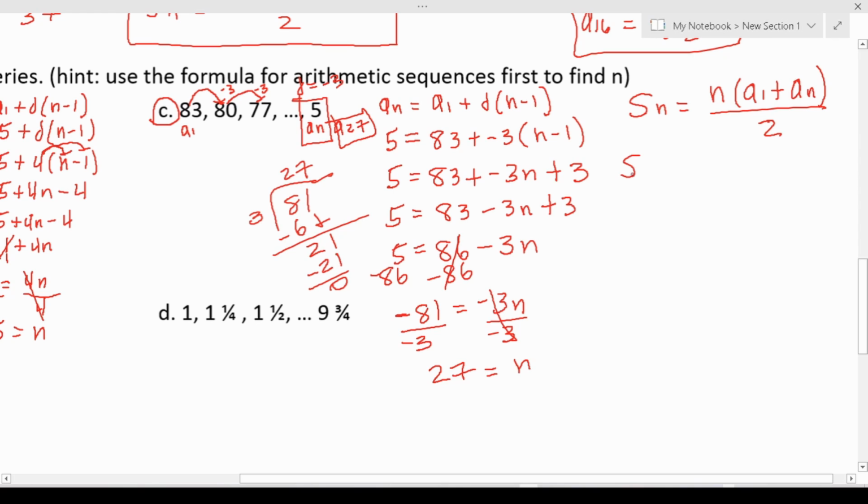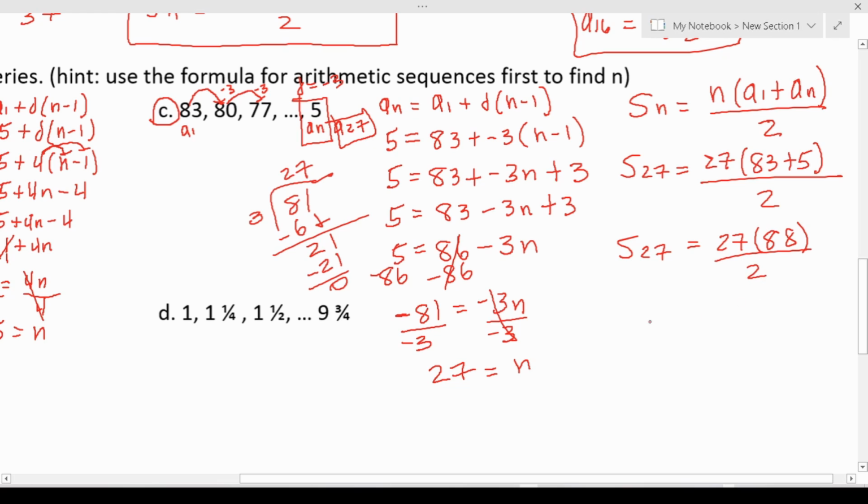So this is S sub 27 equals, n is 27, so this is 27 times a sub 1, which is 83, plus a sub n, which is 5, all over 2. So this is S sub 27 equals 27 times 83 plus 5, which is 88, all over 2.